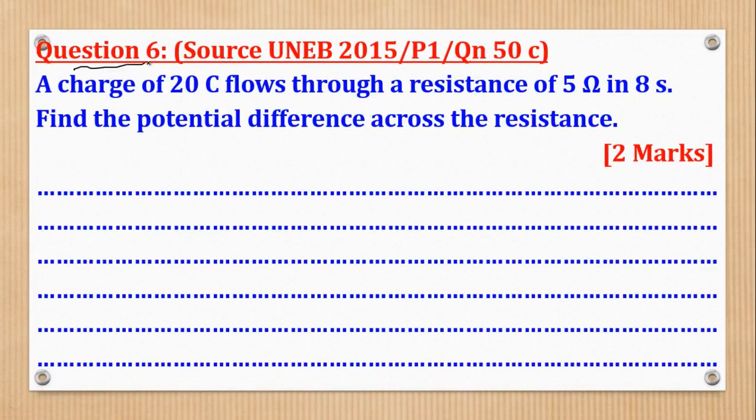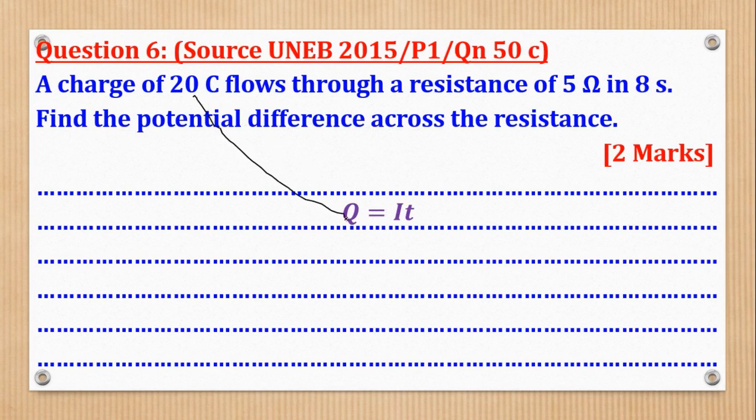Then question 6 came from UNEB 2015, paper 1, question 50C, and it says, a charge of 20 coulomb flows through a resistance of 5 ohm in 8 seconds. Find the potential difference across the resistance. So Q is equal to IT.